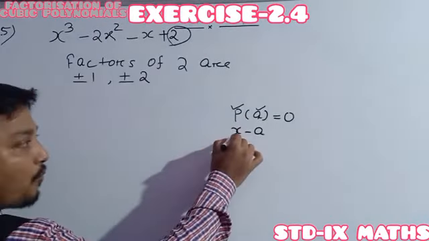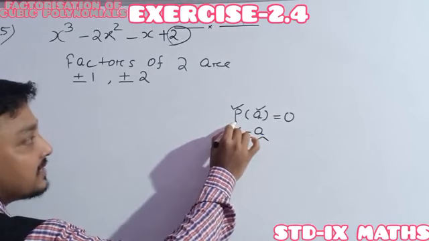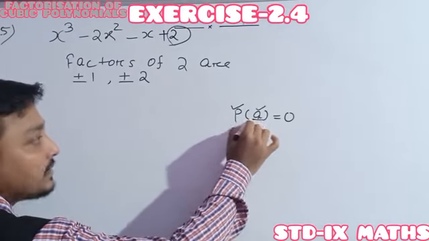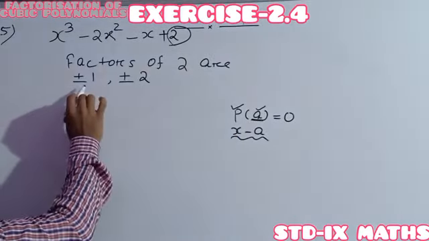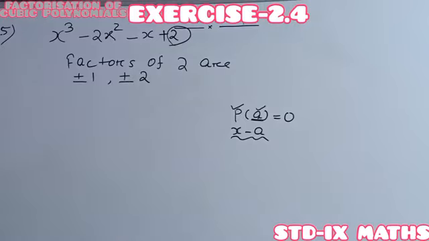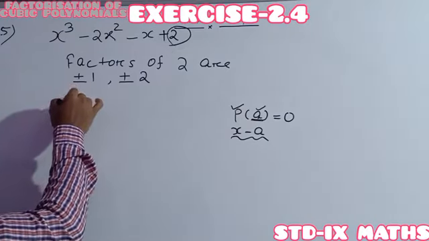So to get one of the factors, I have to check for which value the polynomial value will be 0. Here we got the 4 options: plus 1, minus 1, plus 2, minus 2. Out of the 4 options, we just have to check at which value it will be 0.